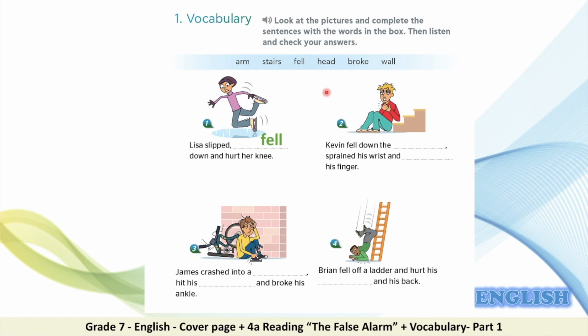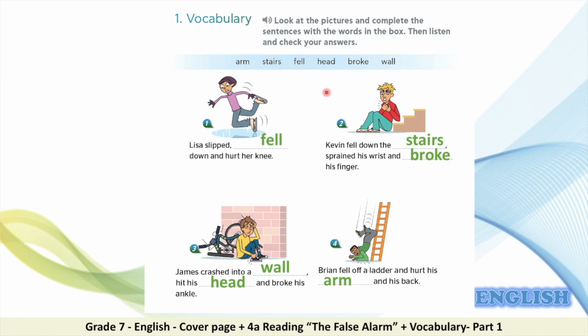Kevin fell down the stairs, sprained his wrist and broke his finger. 3. James crashed into a wall, hit his head and broke his ankle. 4. Brian fell off a ladder and hurt his arm and his back.